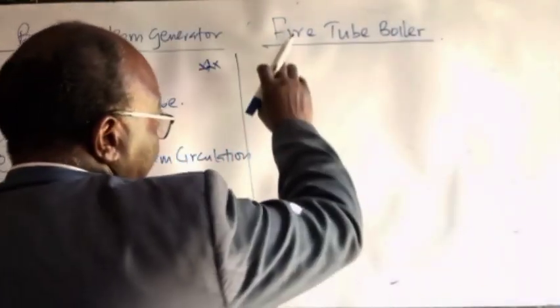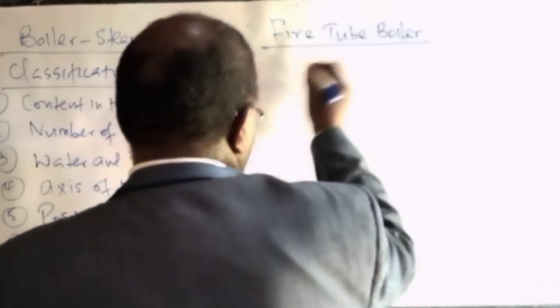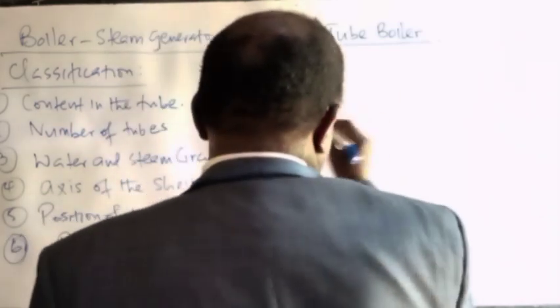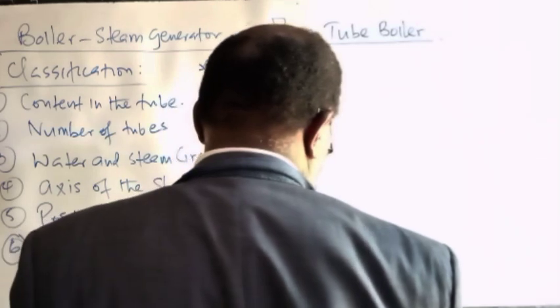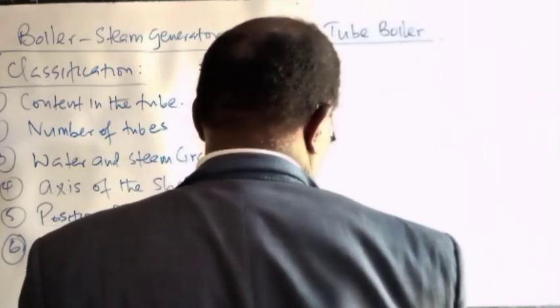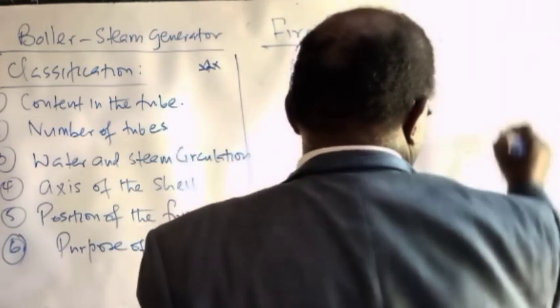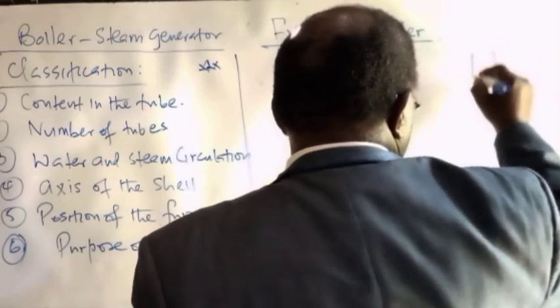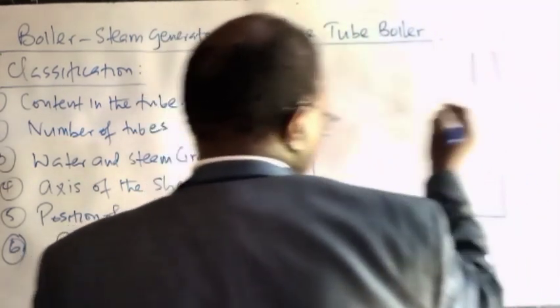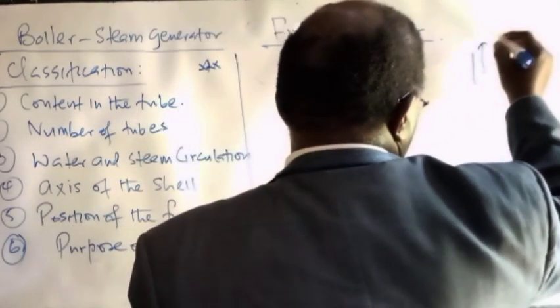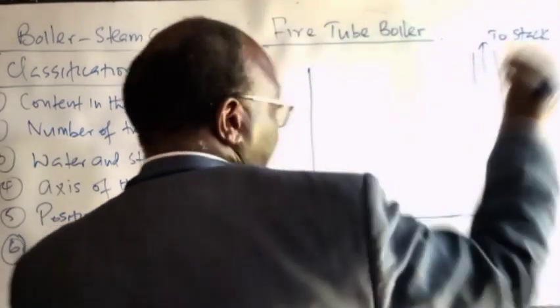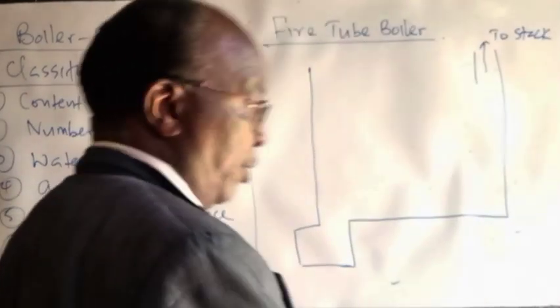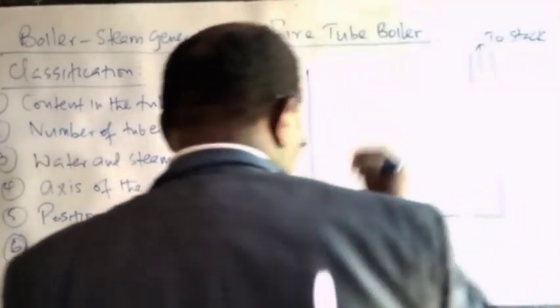So, fire tube boiler. Let us just have a schematic of it. See how it looks like? That goes to stack. Basically, the exhaust through which those flue gases are emitted.